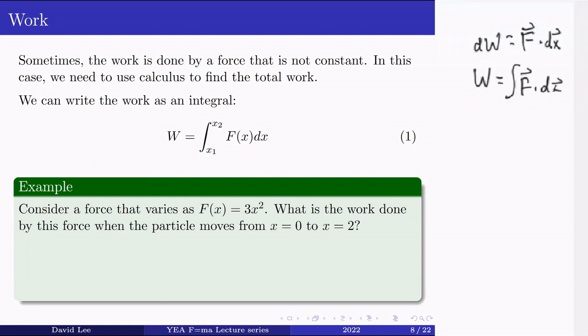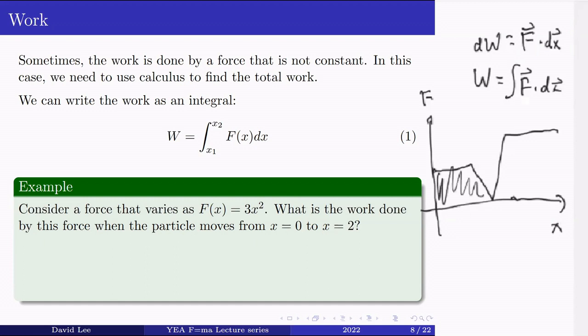Sometimes you'll get a graph, and this is force, and this is x, and some shape here like that. You want to find the total work done? Well, that would just be this area over here.